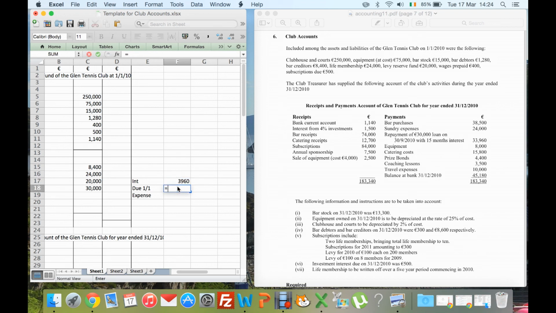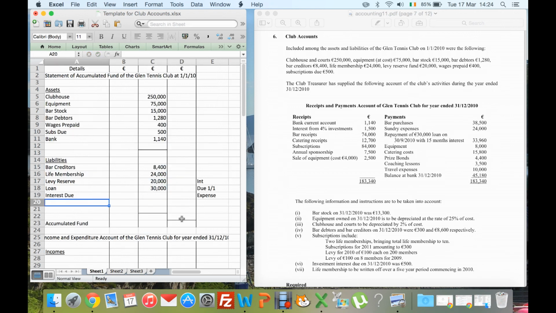So it's going to be 3960 multiplied by, for the due at the beginning, because we paid it on the 30th of the 9th, we would have owed 6 months interest, so 6/15ths. And then the difference, which is the 9/15ths, is going to be the expense for this year.